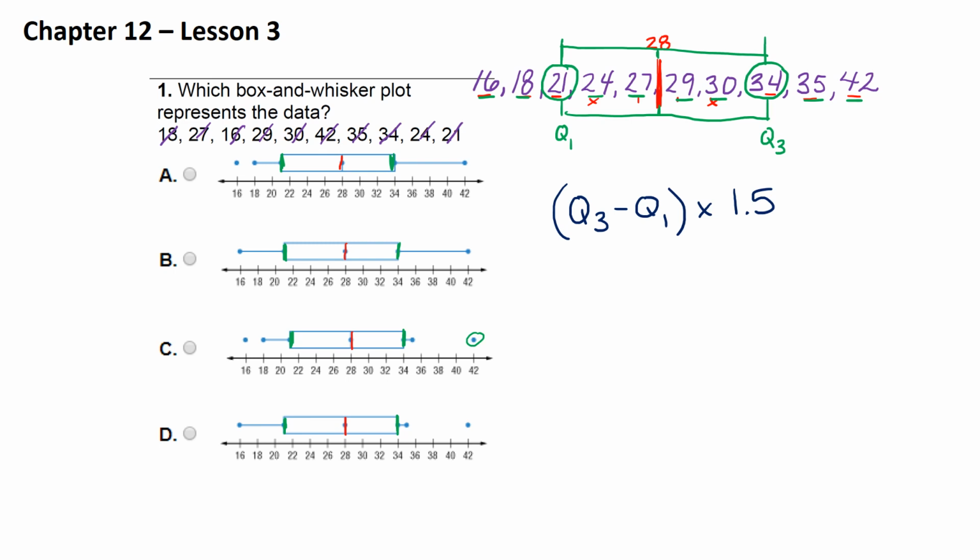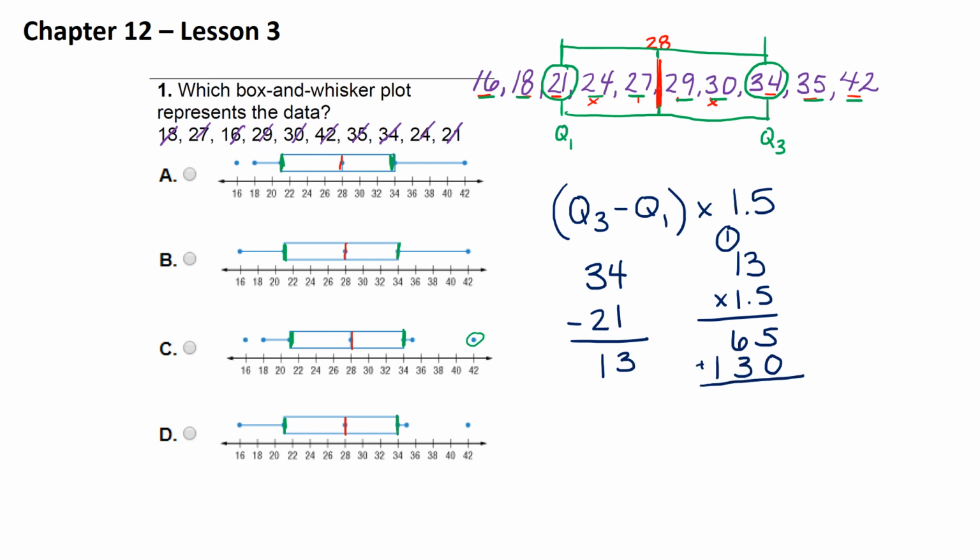So quartile 3 is 34, and quartile 1 is 21, so we're going to take away that. 34 take away 21 is 13. So we have 13 times 1.5, which is 19.5.